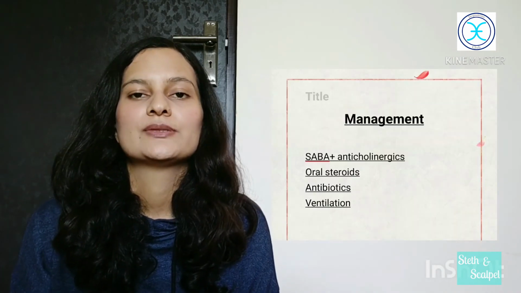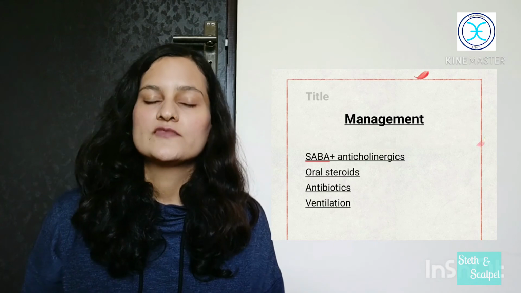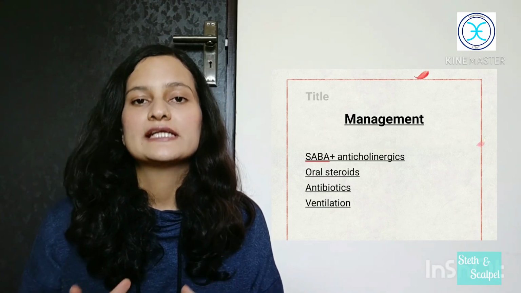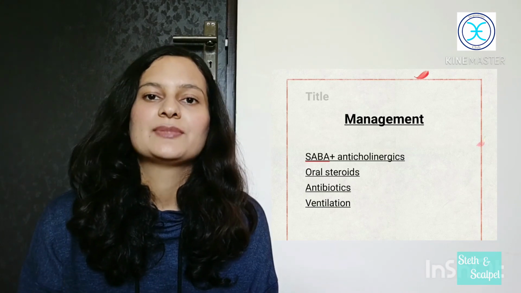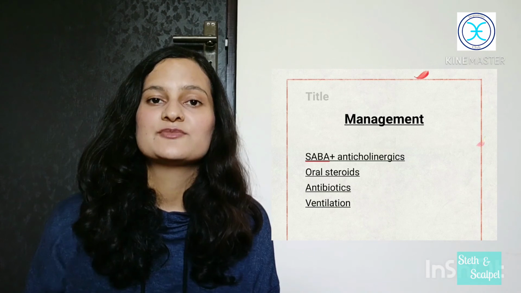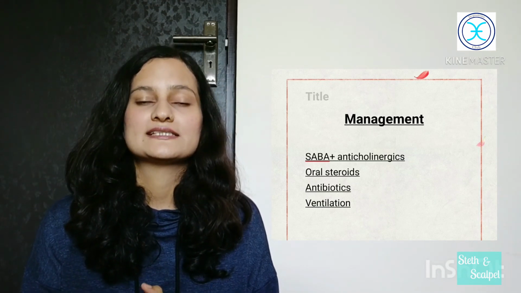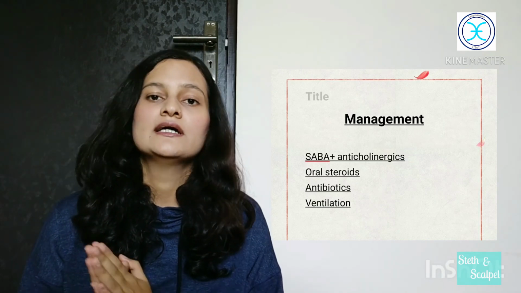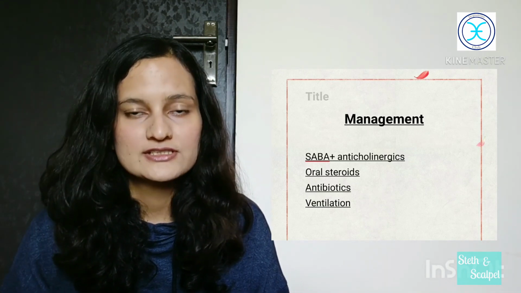For treatment of COPD exacerbation, first and foremost is to give the patient oxygen. Obviously, he's in a lot of distress, so relieve his symptoms first by giving him oxygen therapy. Then short-acting beta agonists with anticholinergic. Then systemic steroids, but you have to remember this is only for COPD exacerbation and not in the normal cases of COPD, because it can come with the risk of a lot of infections.